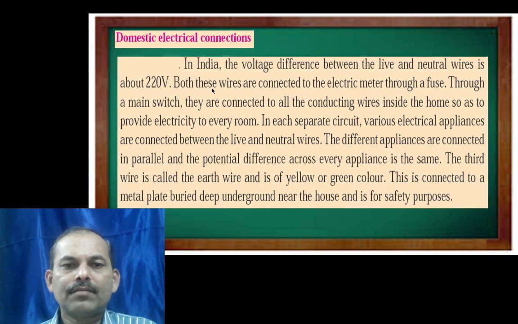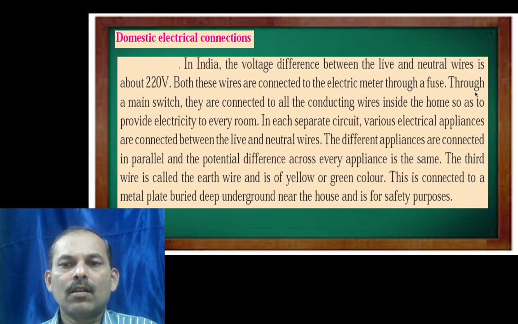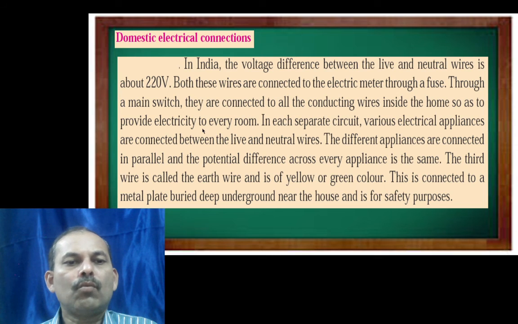In India, the voltage difference between the live and neutral wire is about 220 volt. Both these wires are connected to the electric meter through a fuse from the main switch. They are connected to all the conducting wires inside the home so as to provide electricity to every room. In each separate circuit, various electrical appliances are connected between the live and neutral wires.